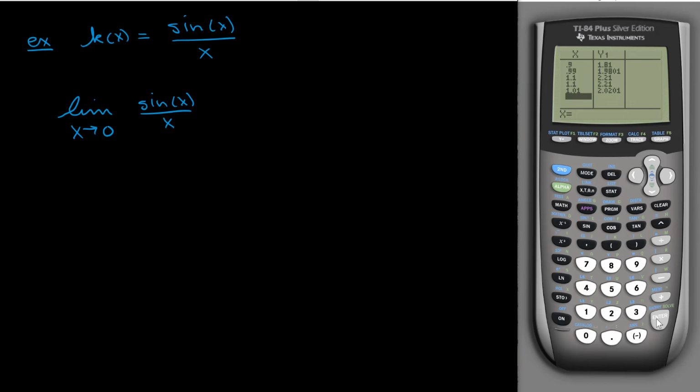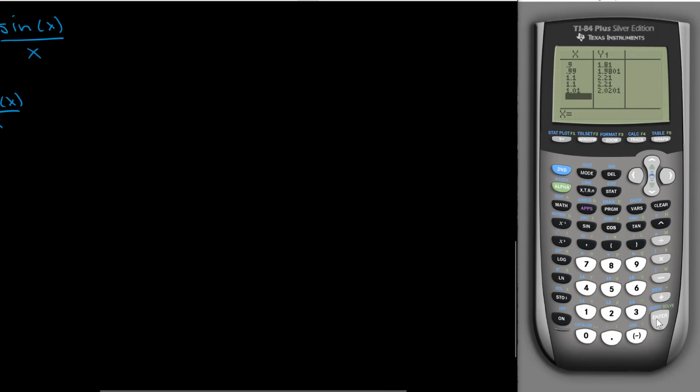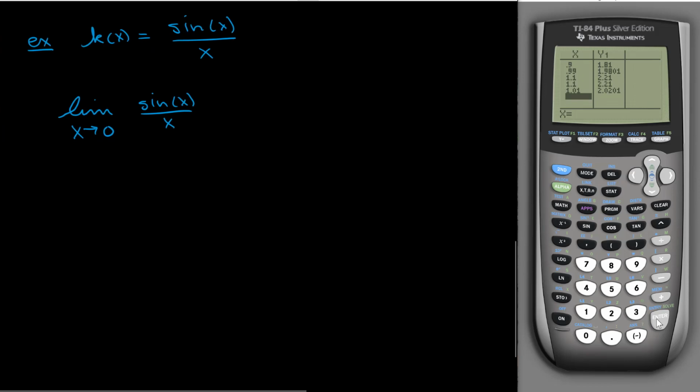So the way that we're going to need to evaluate this particular limit is by using the table. So the question is, what's this going to evaluate to be? I'm going to choose some x values, evaluate my function and record the results.